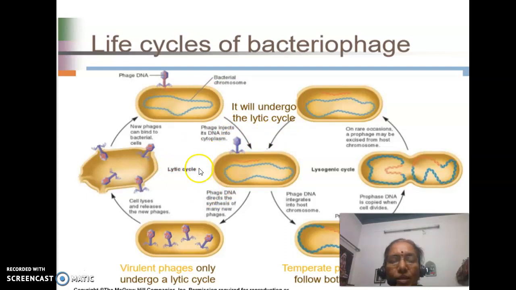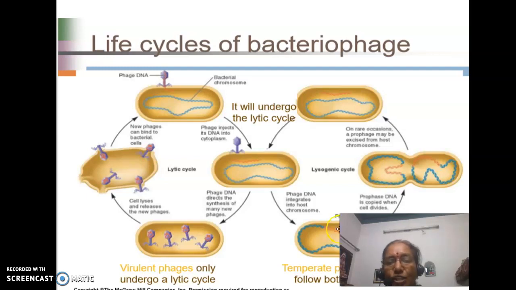In contrast to this is the lysogenic cycle, where you don't have any multiplication of the phage particles, but after the viral DNA is injected into the host cell, it gets inserted. This insertion is very, very important, and because of this the viral DNA becomes inactive. In this state it can stay for a long time.